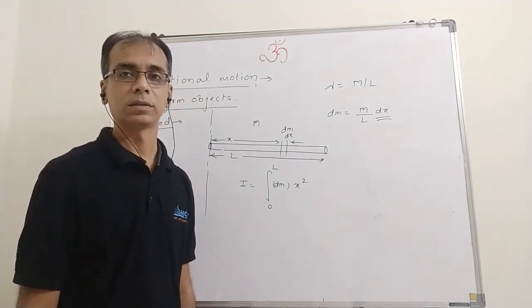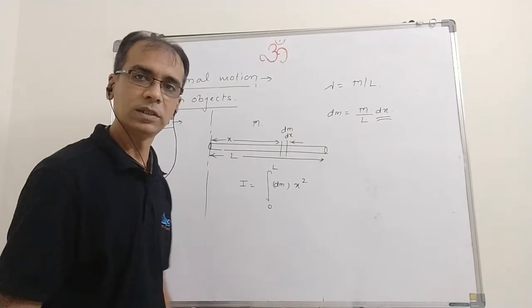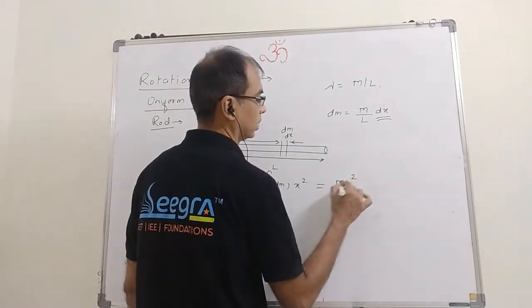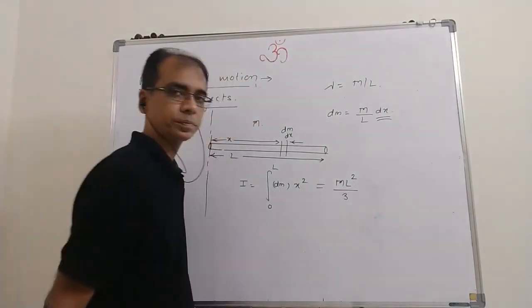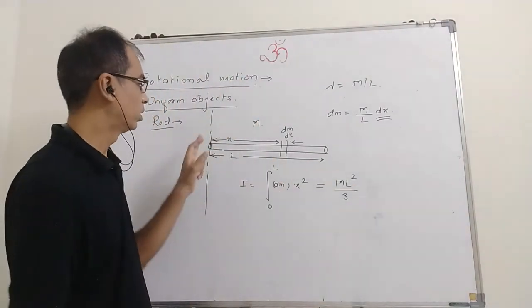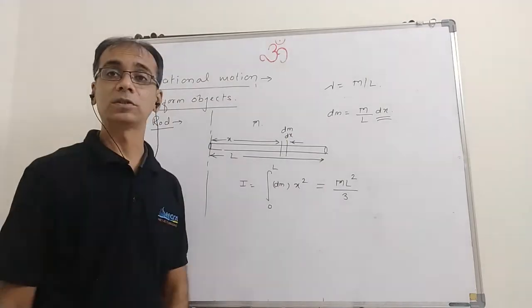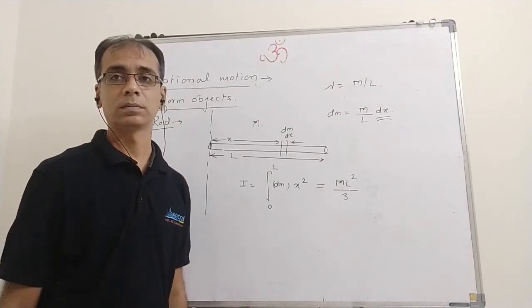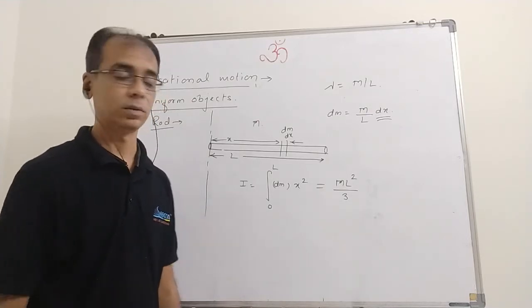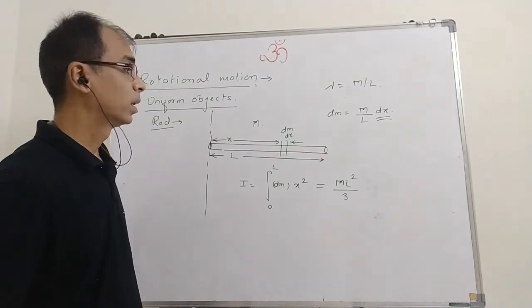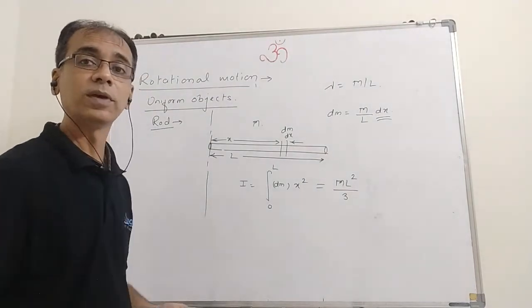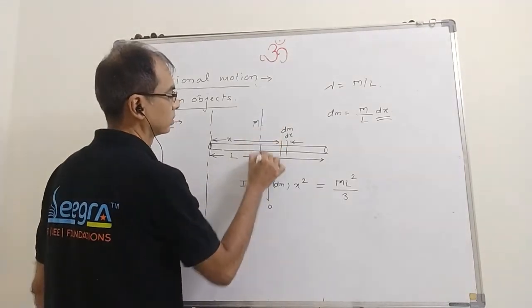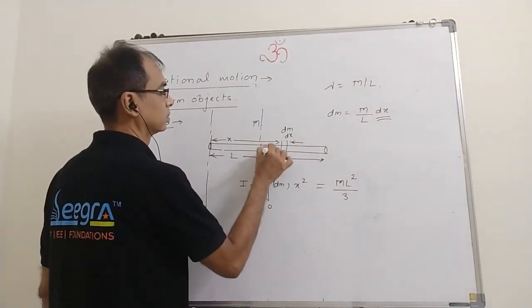When you integrate it, the answer will come, and that answer is important because I have to remember it. That is m l square by 3. The moment of inertia about the axis passing through its end is m l square by 3. You have to remember. There is no alternative. But suppose this axis had passed through the center, about the center.